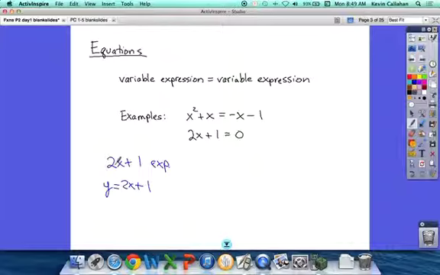Equations have some expression on the left equals some expression on the right, and we solve. Even if the expression on the right is just 0, there's not even a variable or a constant term or anything, it's still an equation. Because why? Because of that equal sign right there. So what do we do with an equation? We solve.